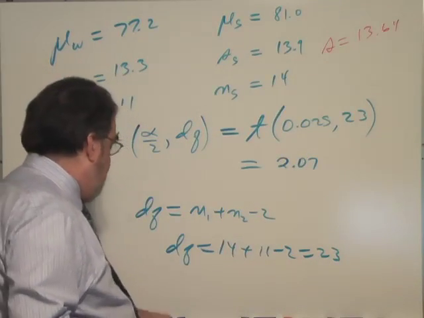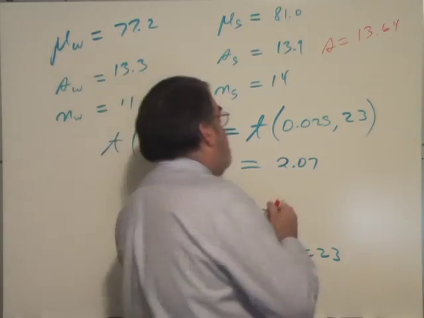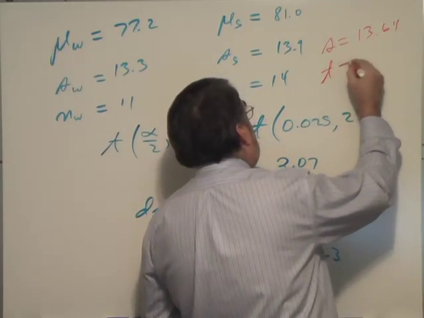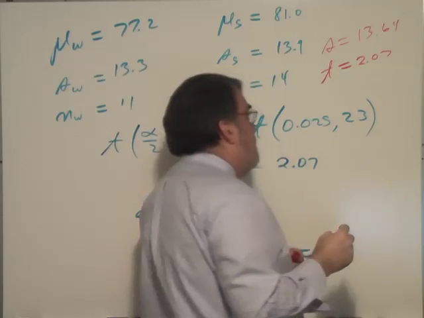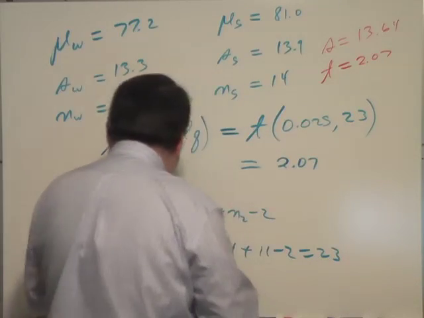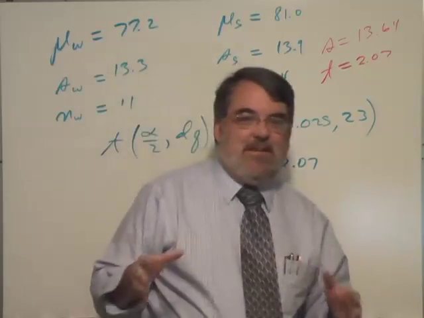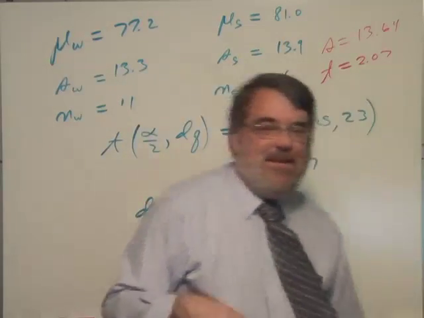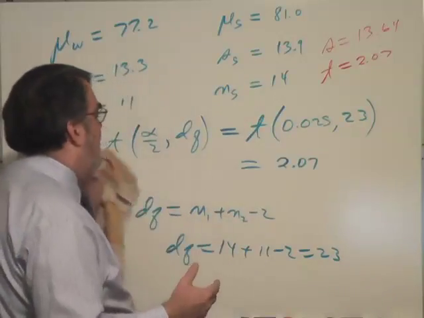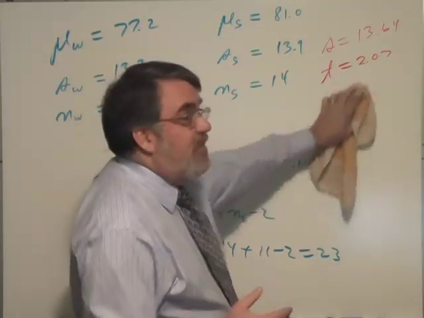So T is 2.07. Alright, let me erase that, and then we'll do the final calculation for estimating the difference between the two means.